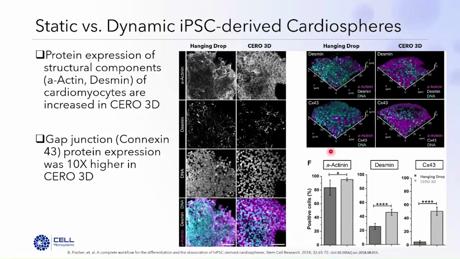And they found that in the Zero 3D, the expression of connexin 43 was more than 10-fold that of the hanging drop method. So altogether, again, pointing to this dynamic culture environment inducing a higher level of physiological maturation. And the researchers actually attributed this to the better distribution of oxygen and nutrients generated by that medium flow in the Zero 3D, improving their cardiac differentiation.